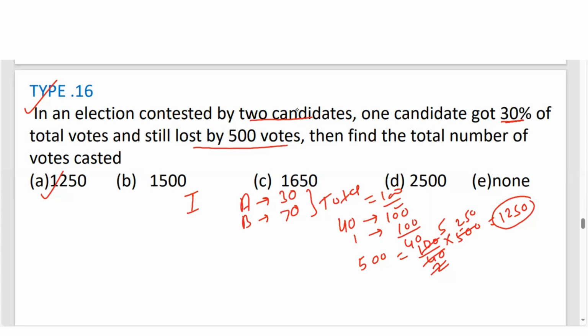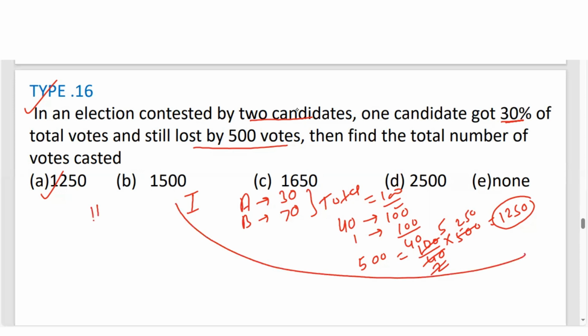So the winner got 70 and the loser got 30. Now the difference is 40. So the difference is 40 when the total vote is 100. For a difference of 1, divide: 100 by 40. For 500, multiply. You will get the answer.